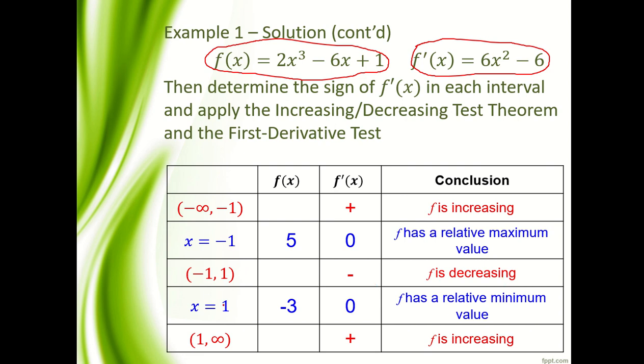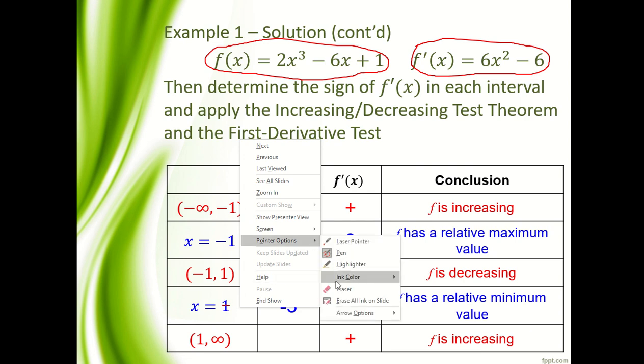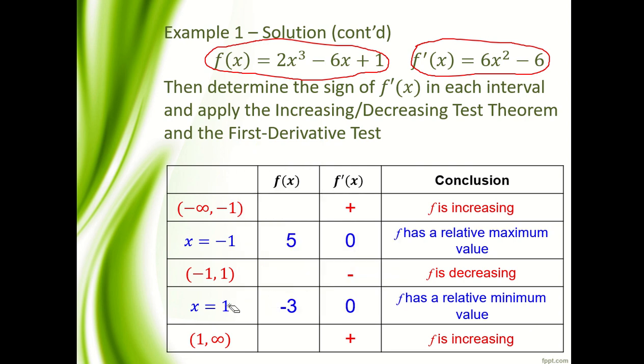Okay. Now for x equal to 1, solve for f of x, substitute this into the function here. So we have negative 3. And then solving for f prime of x, this is 0.